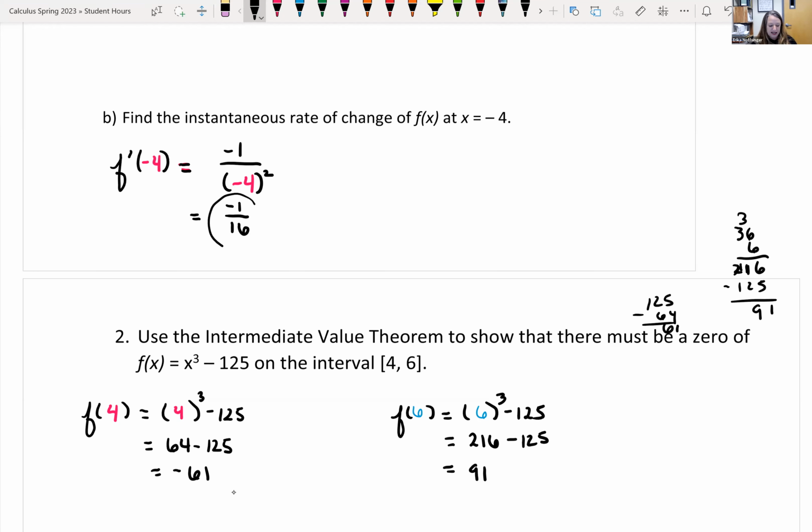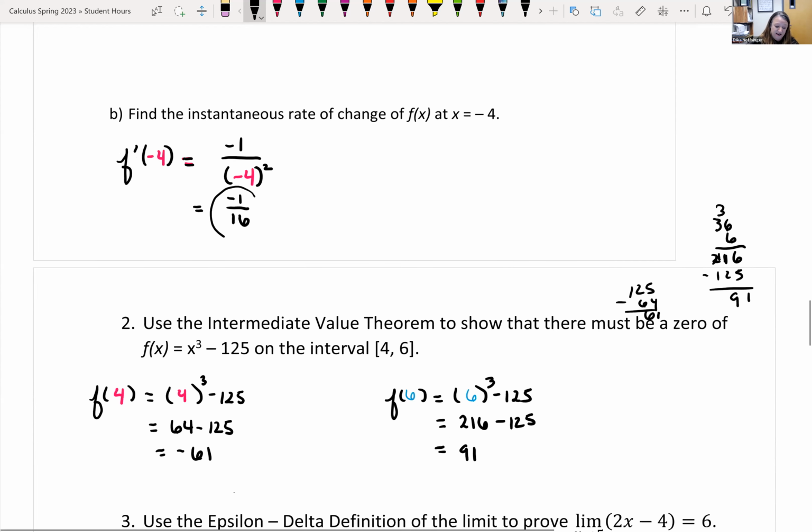So notice we're opposite signs. F of 4, I have a negative number. So I have a y value that's negative 61. F of 6, I have a y value of 91. X cubed minus 125 is a continuous function. And so as we're going from x equals 4 to x equals 6, we must be crossing the x-axis there.